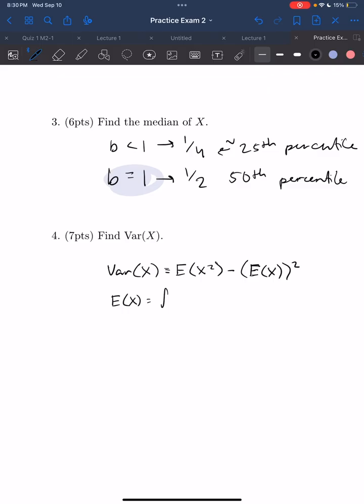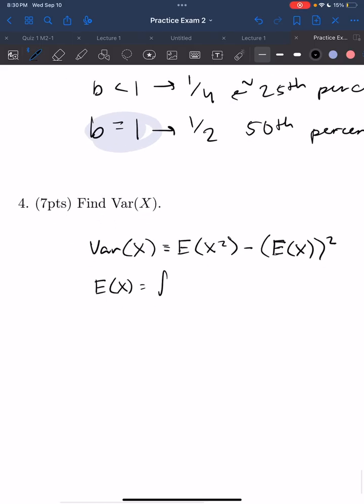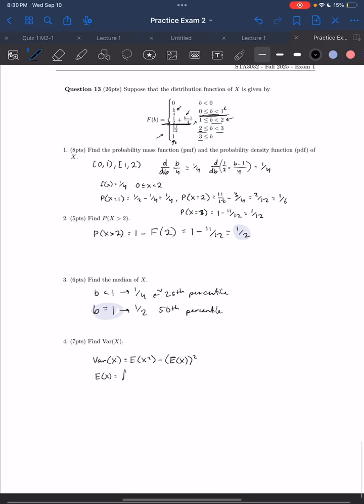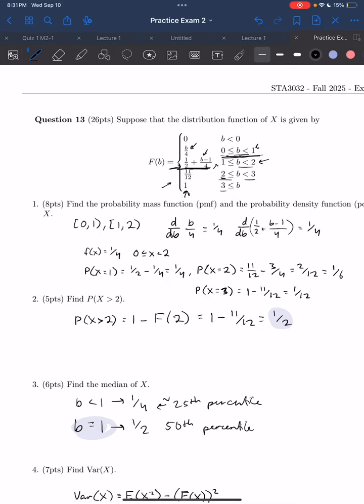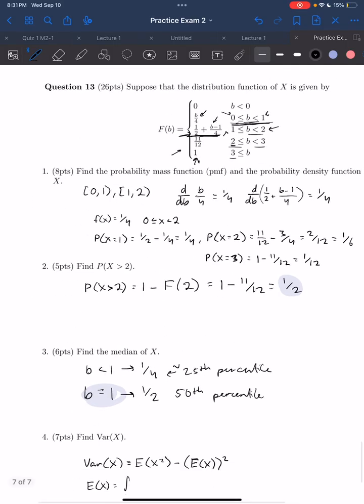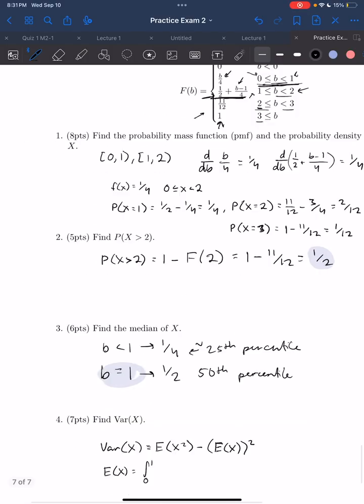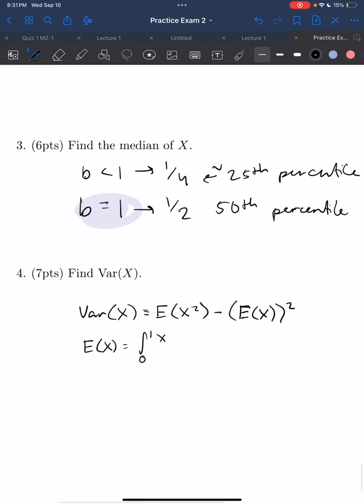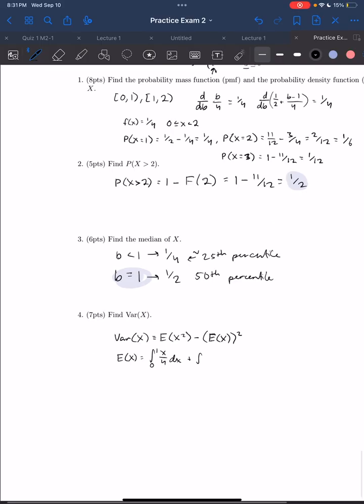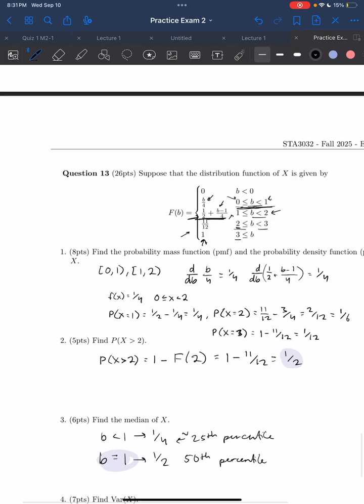So here from our first range, 0 is just 0, then we have 0 to 1, and then we have x over 4, and then our next range is 1 to 2.